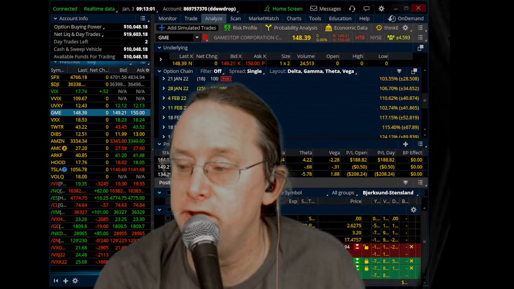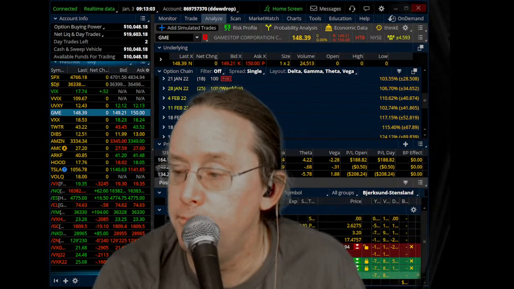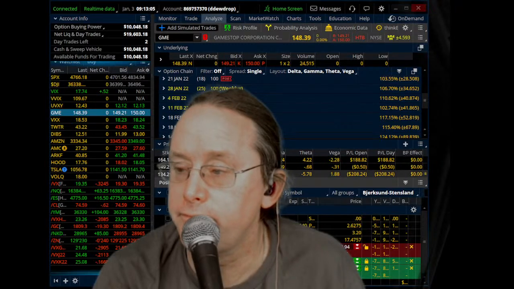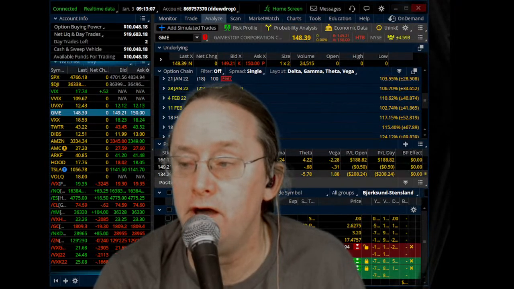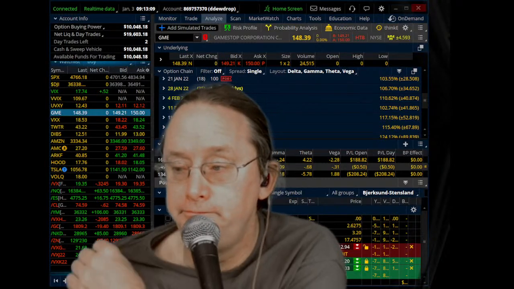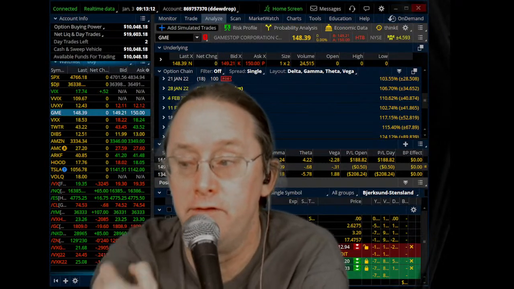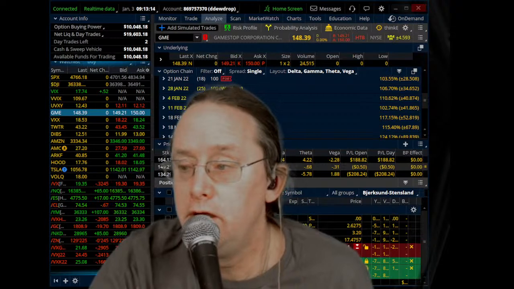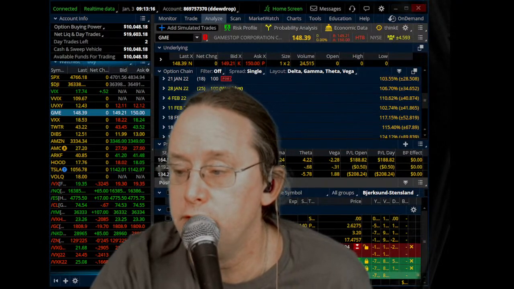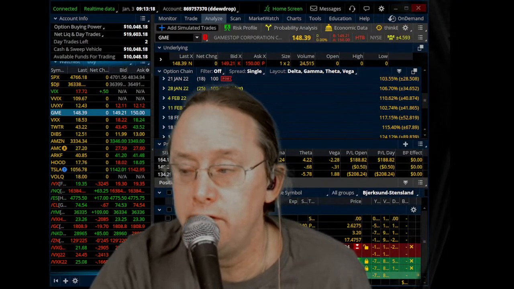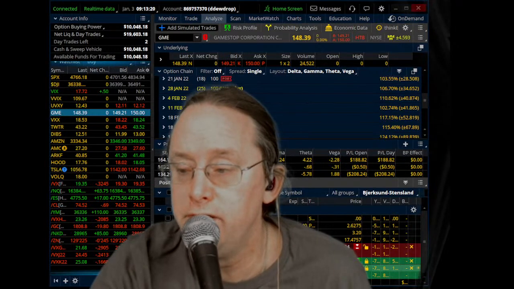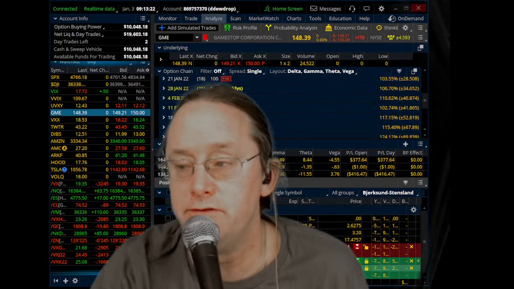So, for example, if I were to buy this call spread, we had the call was $11, so that was $1,100 for one call. So if we were to buy one call spread, it would cost us $500. So we could buy two call spreads for the same price of that call.